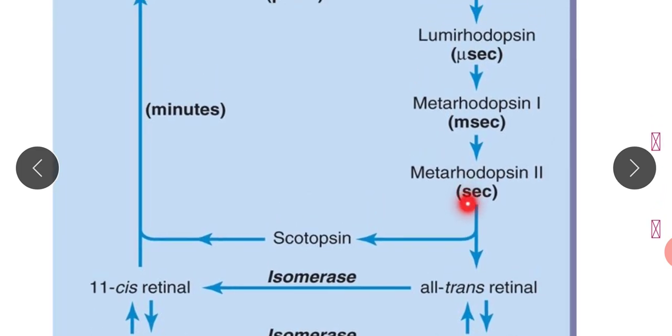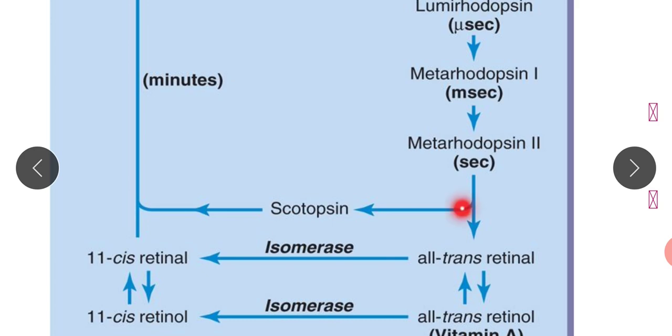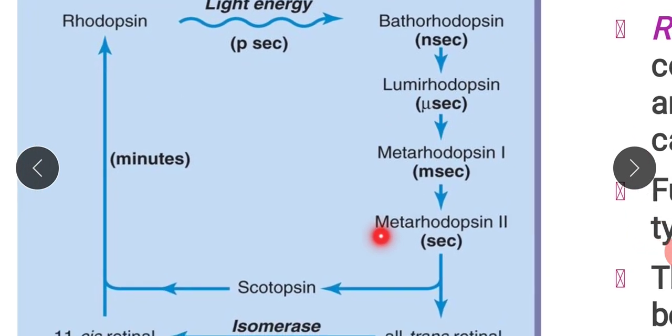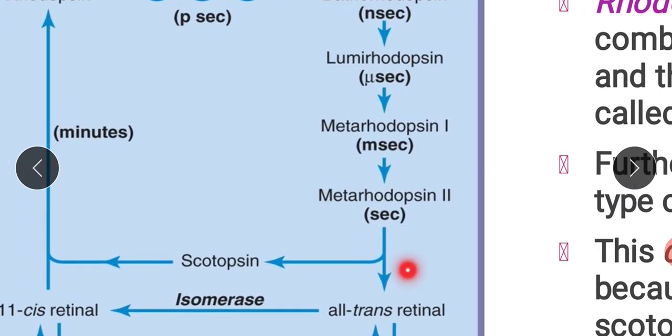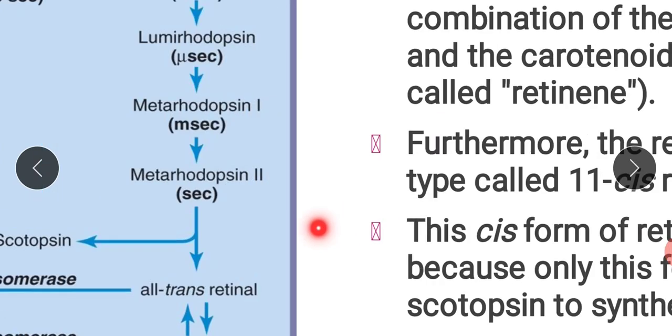This metarhodopsin 2 then separates from scotopsin, and what we get is the all trans form of retinal. So finally the rhodopsin is converted into scotopsin plus all trans retinal.